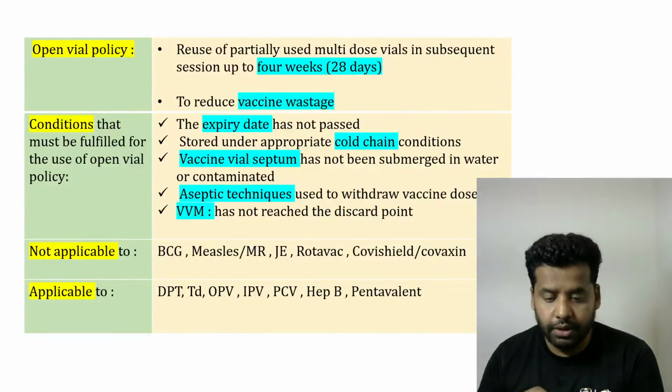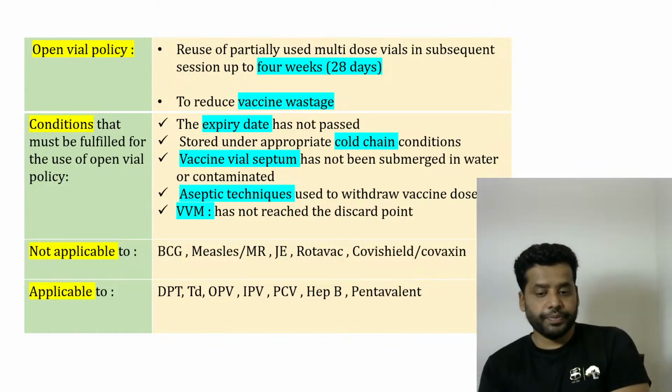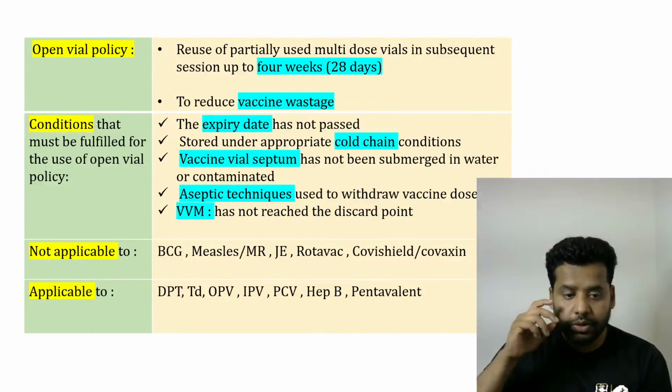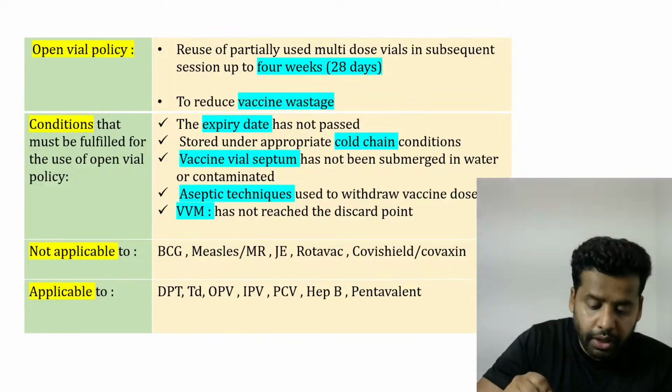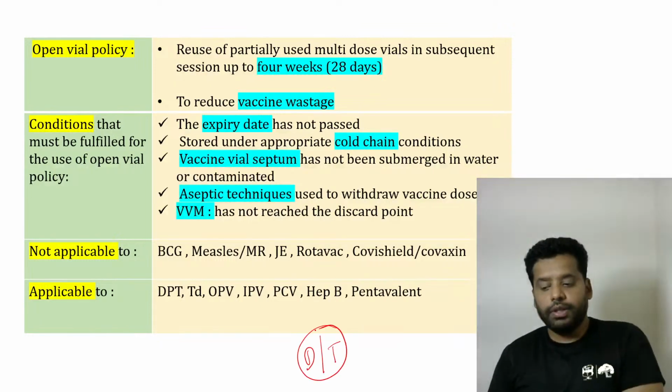Open vial policy. I'll be knowing this. What is the open vial policy? It is to reduce vaccine wastage. If the vaccine vial is opened, before opening we have to mention the date and time. So keep this in mind.